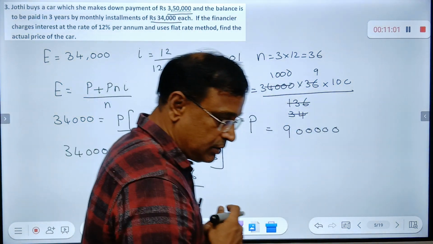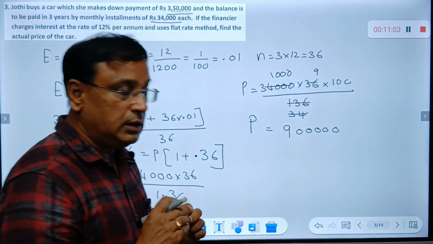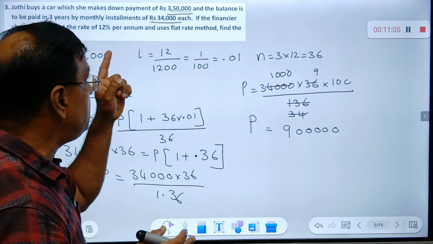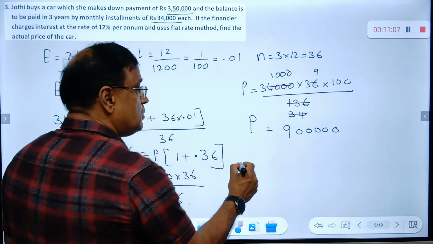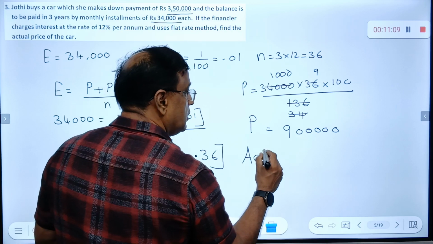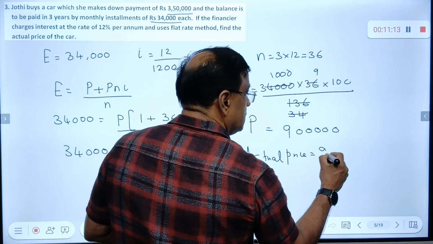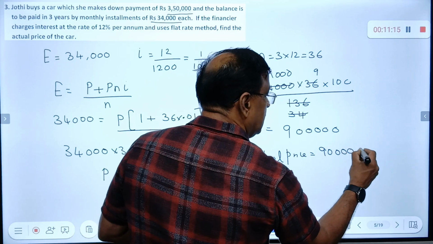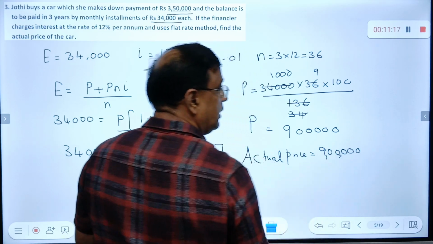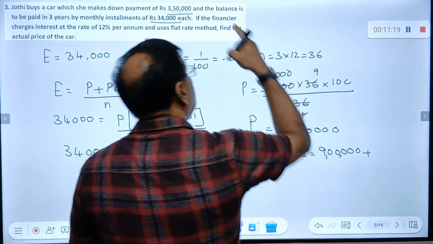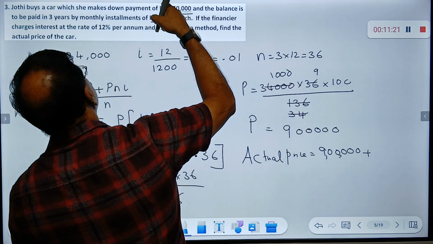This is my principal. But he has paid a cash down payment of 3,50,000. So what is the actual price? Actual price will be the amount that is standing for EMI, that is 9 lakhs, plus the cash down payment.